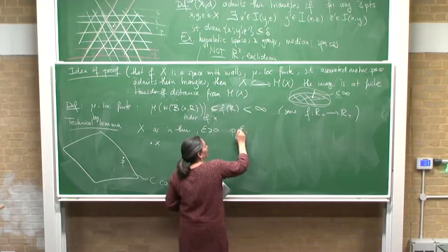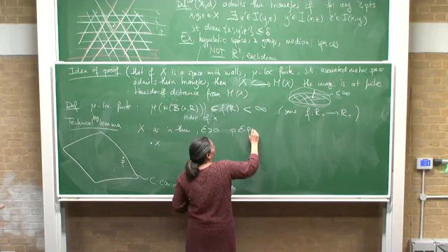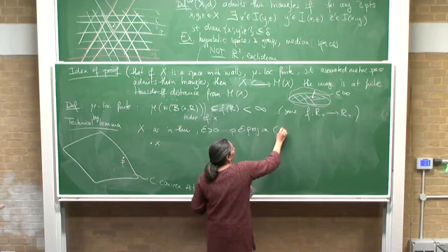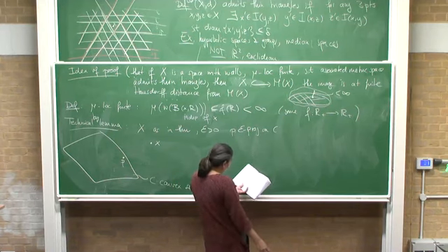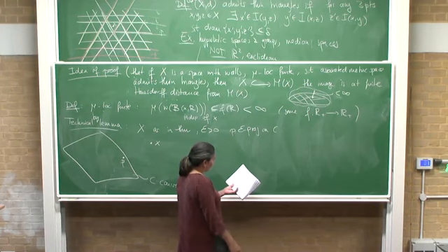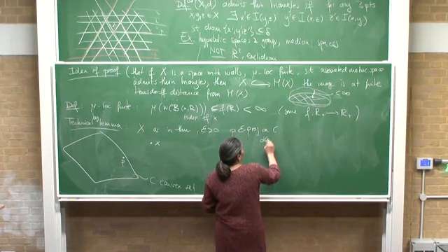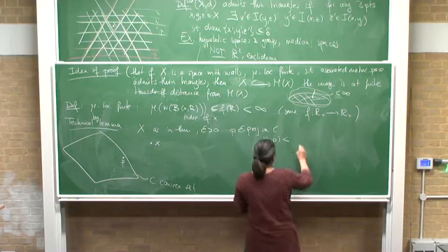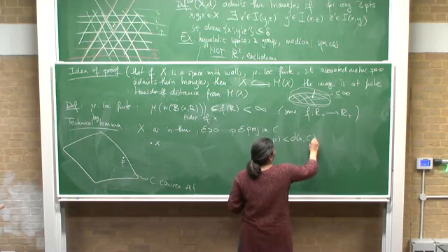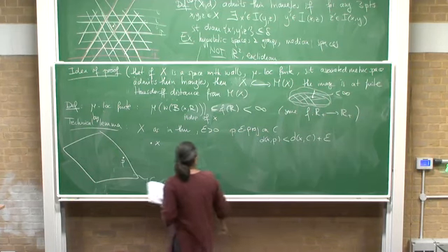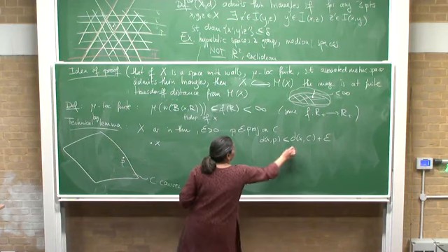So P is an epsilon projection on C. It means that the distance between x and P is bounded by the distance between x and C plus some epsilon.